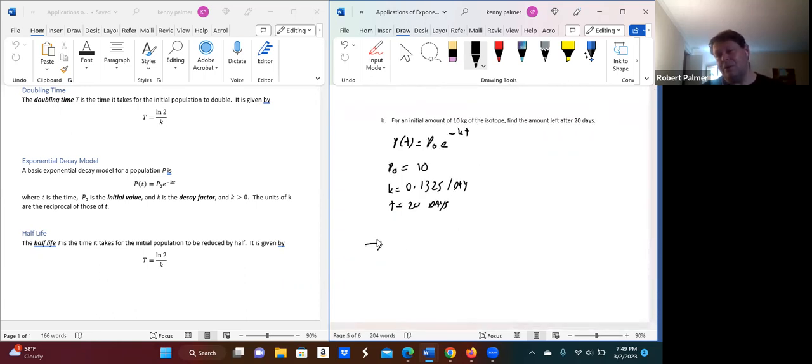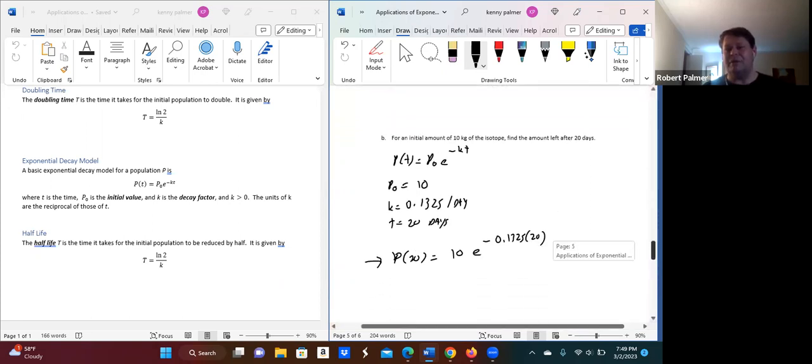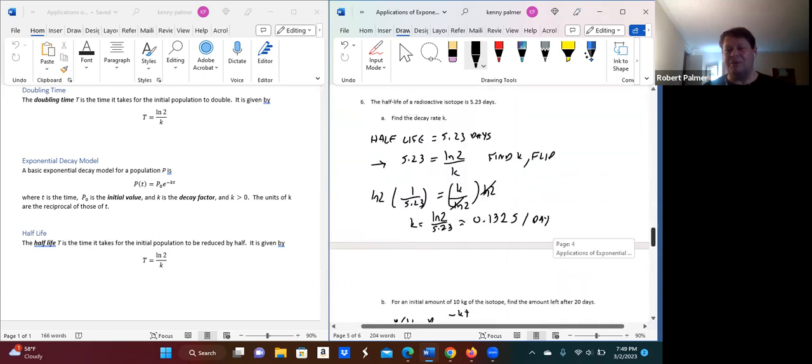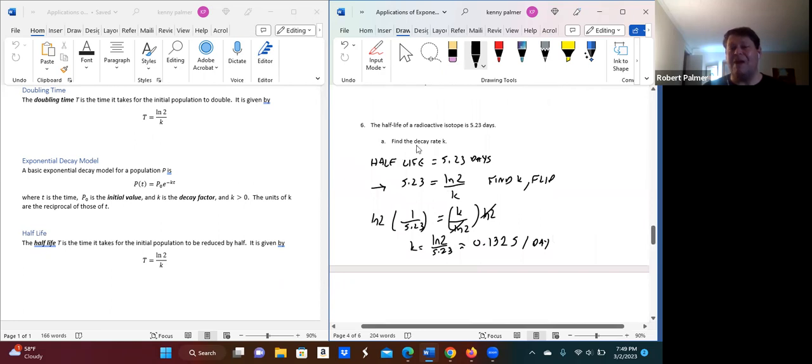And so P of 20 is equal to 10 times e to the negative 0.1325 times 20. Now let's also get a good idea of what is going to happen. It's interesting about the idea of a half-life. Our half-life is about 5.23 days, and that means this half-life is constant.